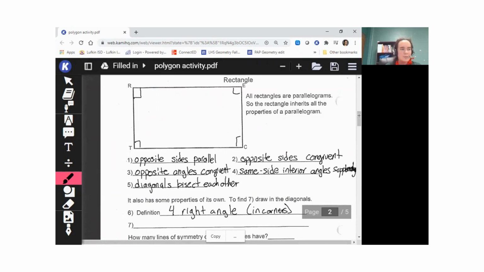The other one would come in with our diagonals, and if you measured your diagonals, they would be congruent to each other. So our diagonals are congruent for a rectangle. Now diagonals are only congruent for a few shapes, so don't get this confused. Diagonals are congruent for a rectangle.